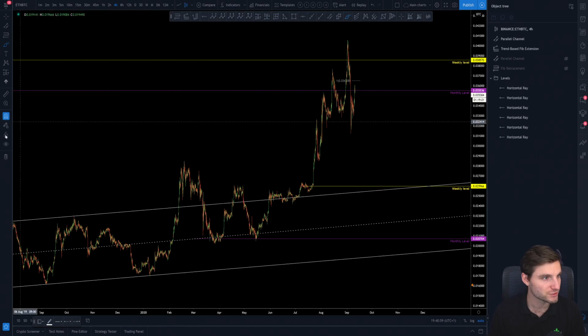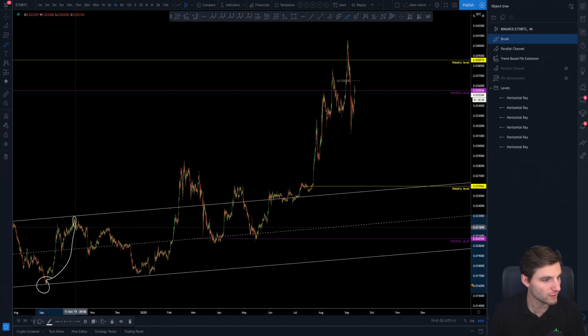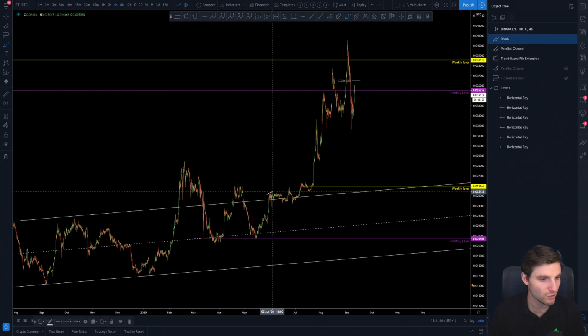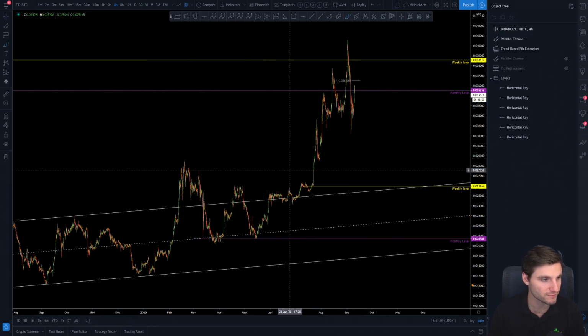It looks like your original channel: low, high, low, break, back into the mid, break, back into the mid. Lots of grinding along the top before a breakout.